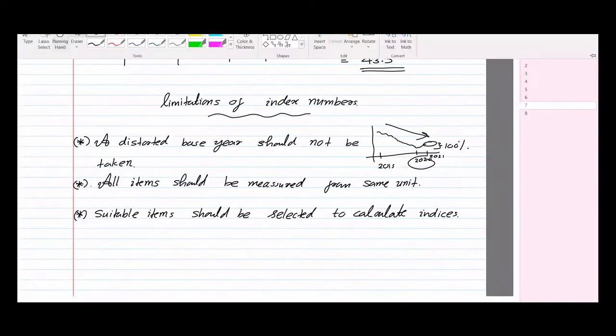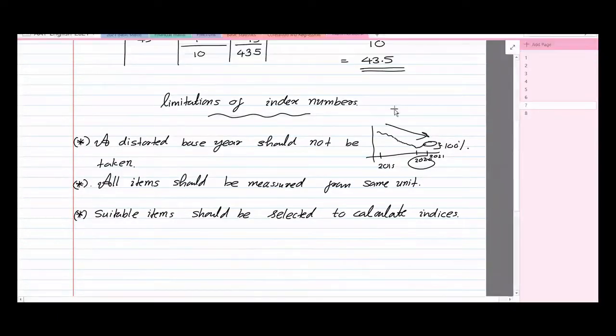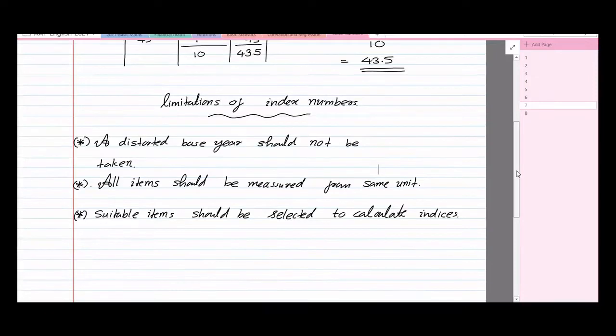Cheaters can do this using index numbers, but it doesn't give the real value. So these are the limitations. Remember these 3 points. You can't take a distorted year. Items should be measured in the same unit, and suitable items should be selected to calculate indices. Okay, right. So that's all for this lesson. This index numbers lesson is over.